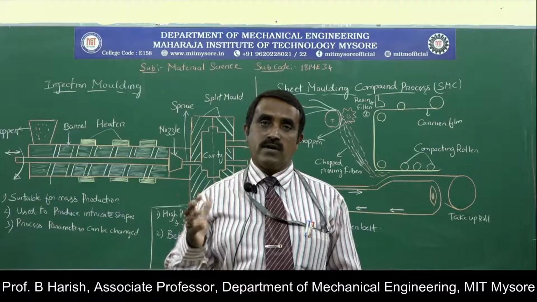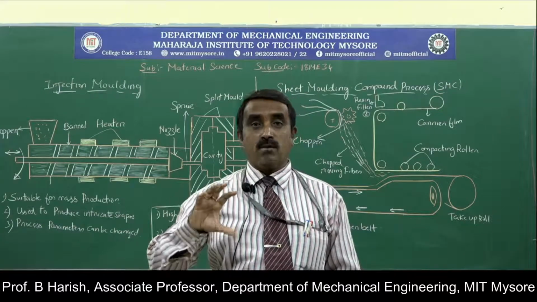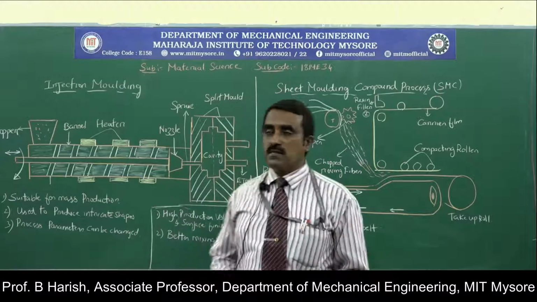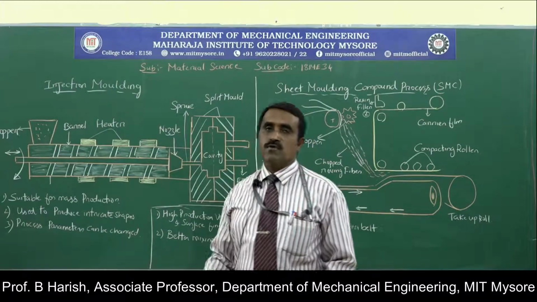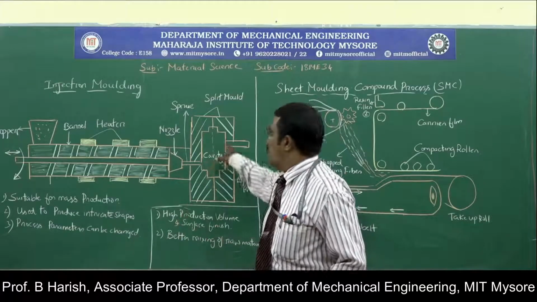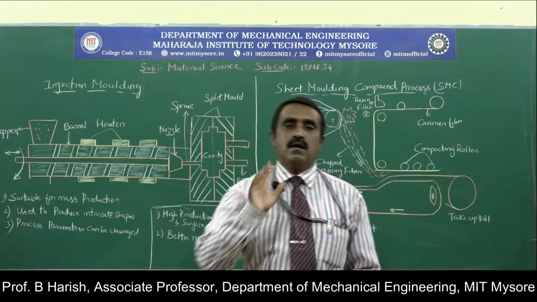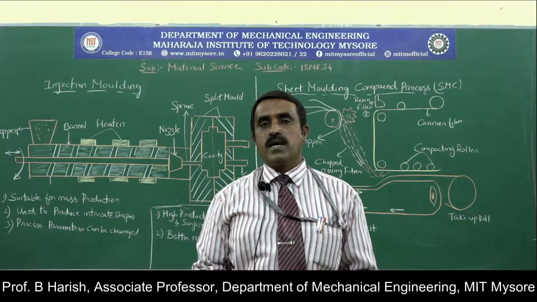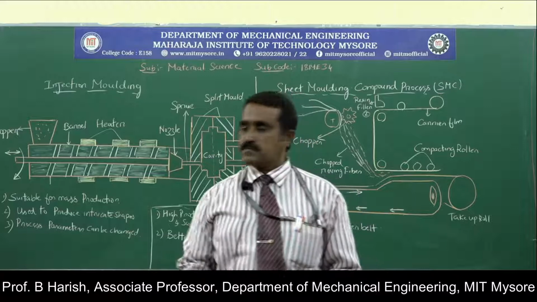If any complex shape component is to be manufactured, this method of injection molding is very much suitable. The only thing is that your mold should be similar to the complex shape of the component that is to be manufactured.